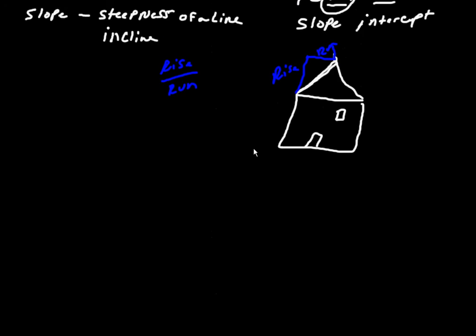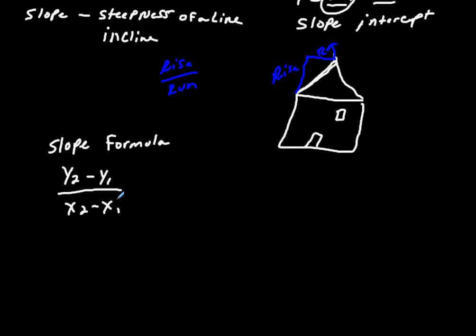The formula for slope is y sub 2 minus y sub 1 over x sub 2 minus x sub 1. Now this formula requires 2 points.